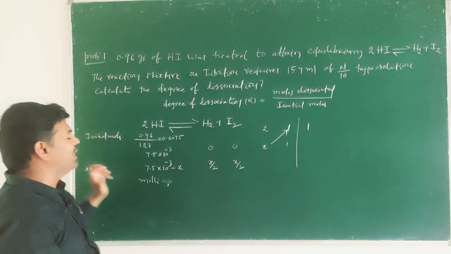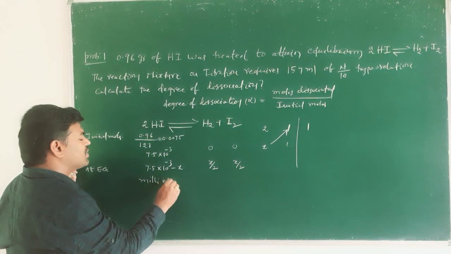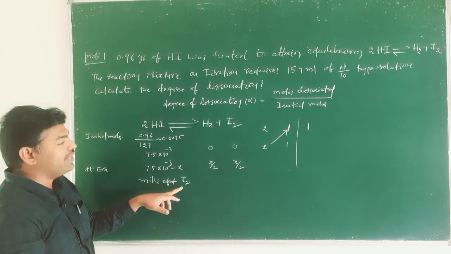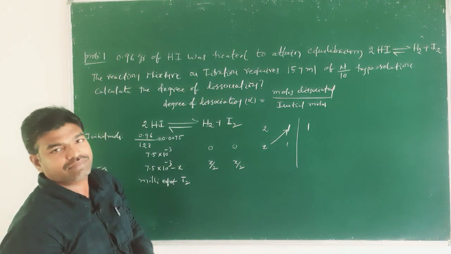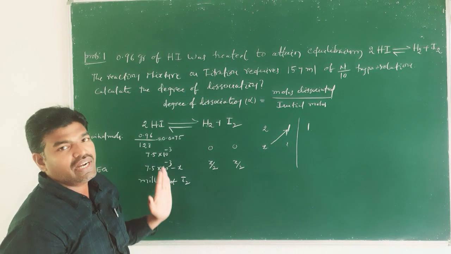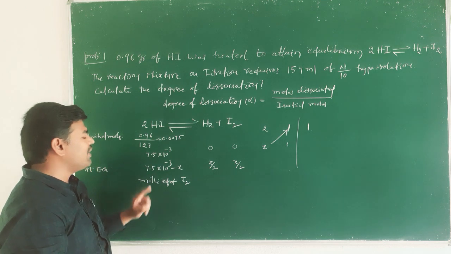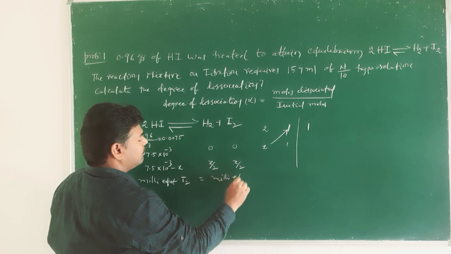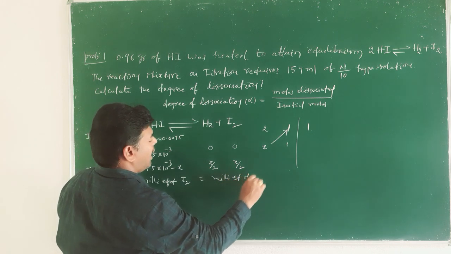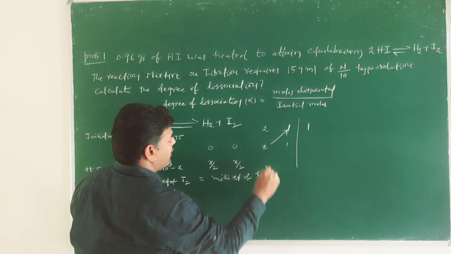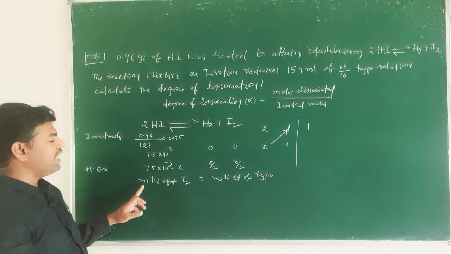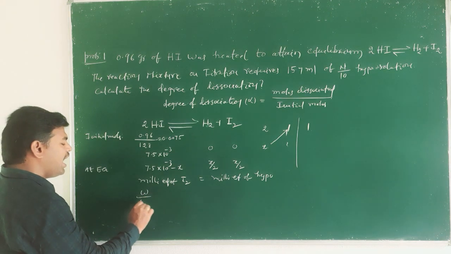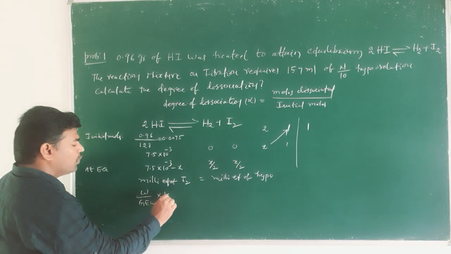I am taking milli equivalents of I2 because hypo reacts with iodine. So milli equivalents of I2 is equal to milli equivalents of hypo. The milli equivalents of I2 is weight by gram equivalent weight into 1000.